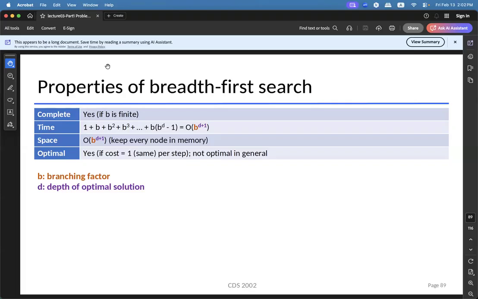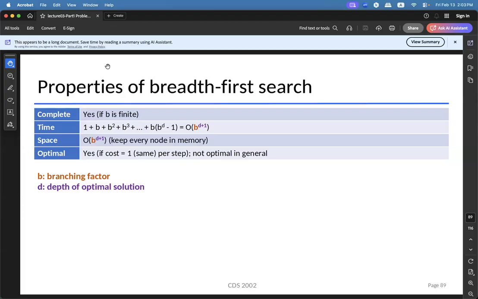But if the step cost is not 1, then it is not optimal. Some of you may think that breadth first search seems to be optimal in some situations, and the reality is that it depends. It depends on what problem you are solving in the first place.